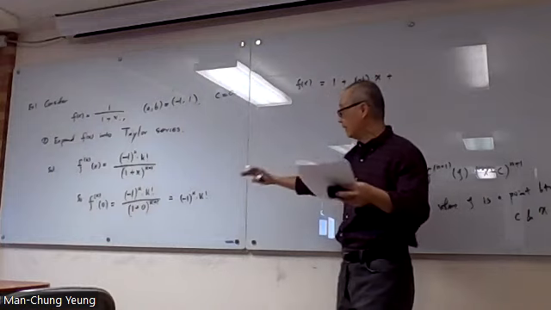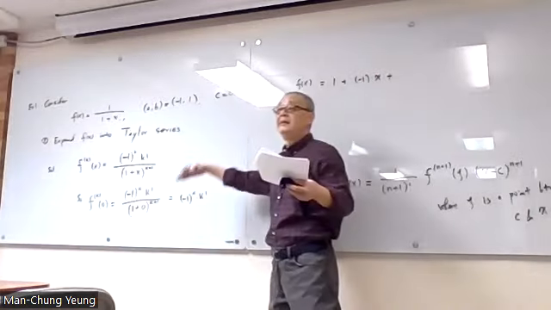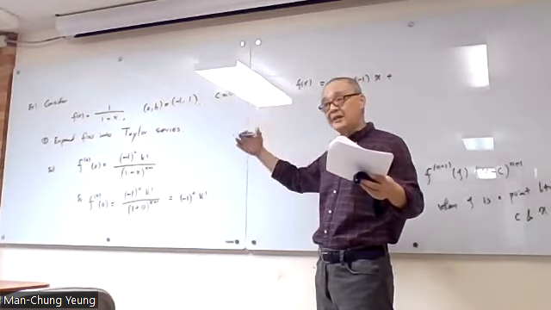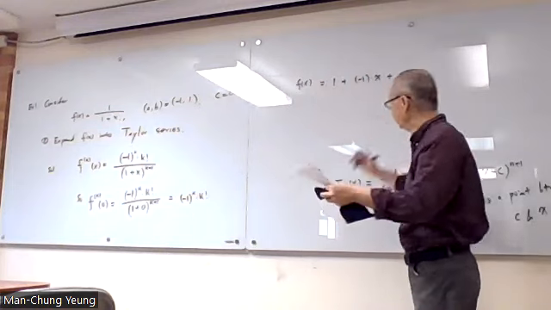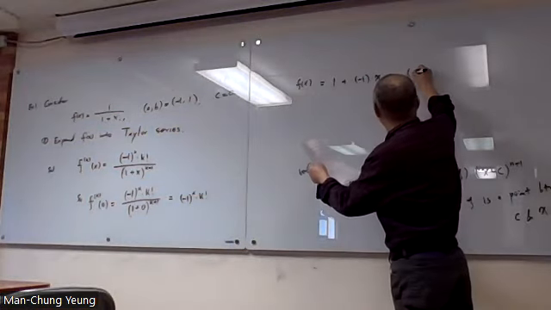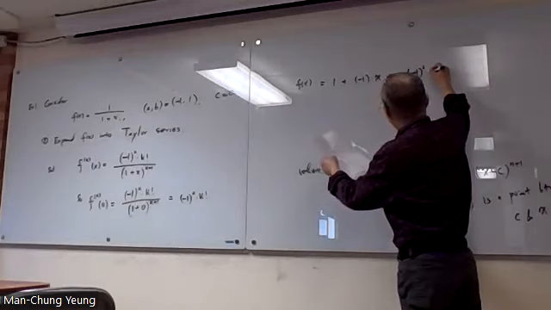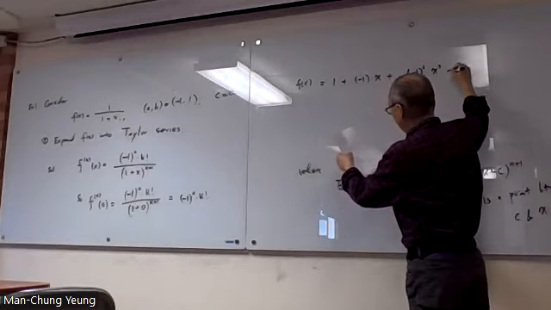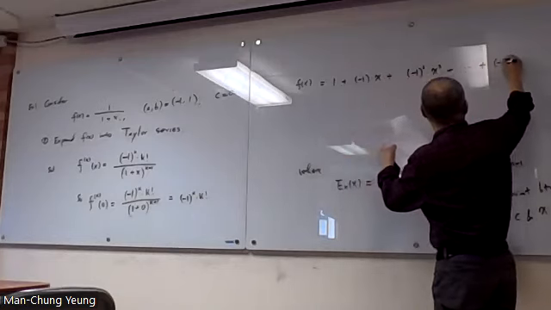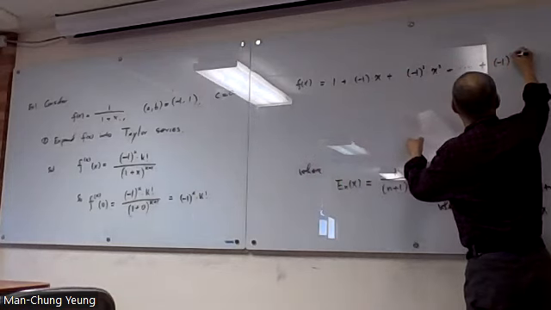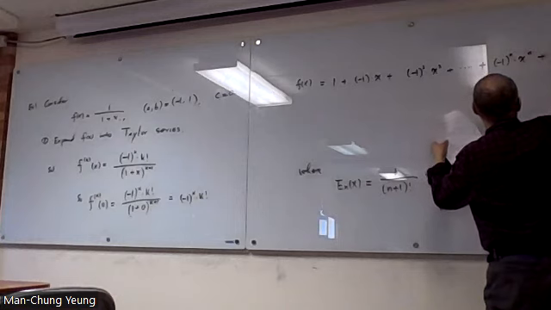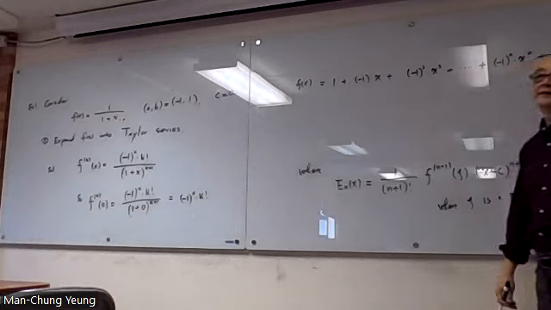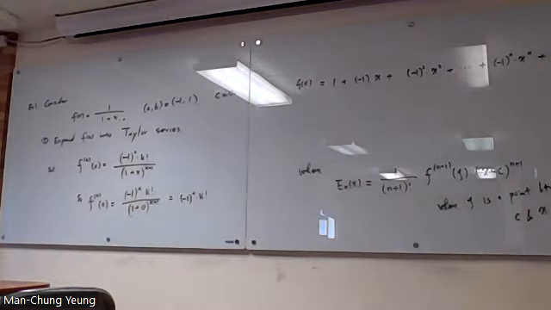Just plug in the derivatives and then cancel out the k factorial. Then you get (-1)^2 times x squared plus (-1)^n times x^n, plus the error term.